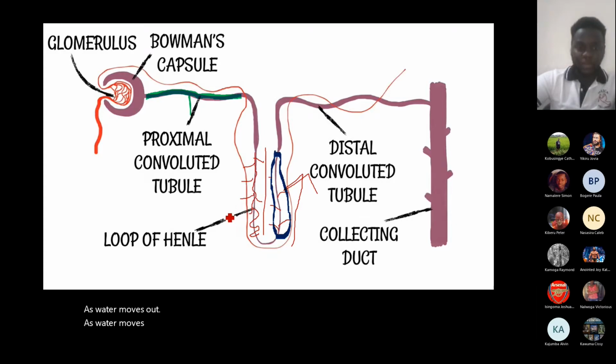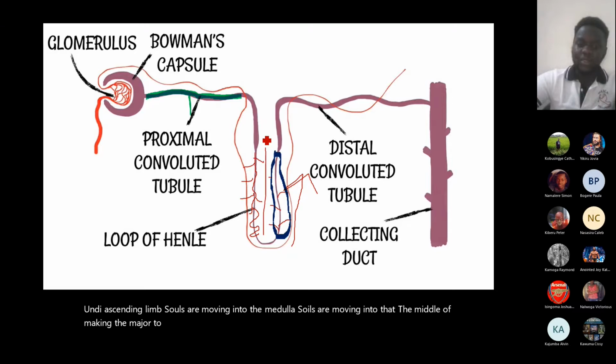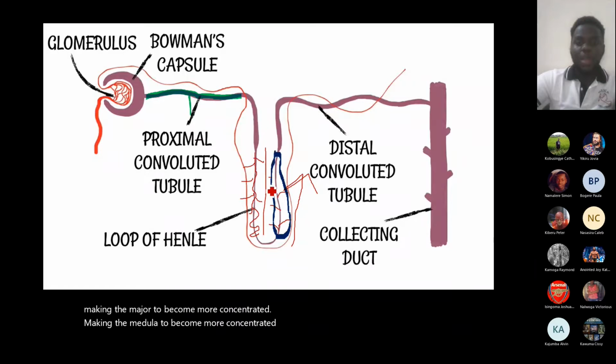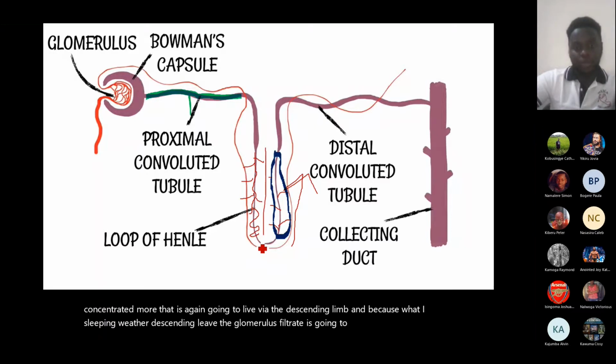On the ascending limb, salts are moving into the medulla, making the medulla more concentrated. Now, when the medulla becomes more concentrated, more water is again going to leave via the descending limb. And because water is leaving via the descending limb, the glomerular filtrate is going to become concentrated.